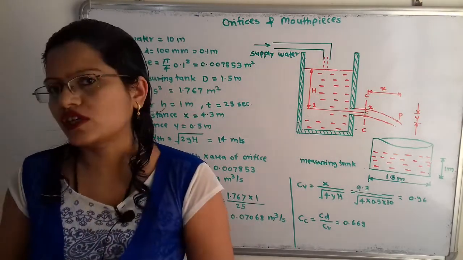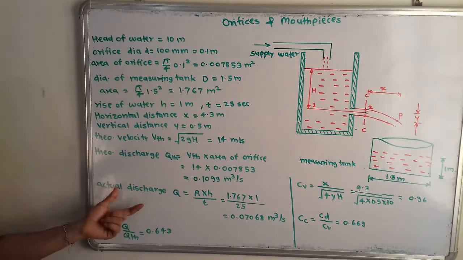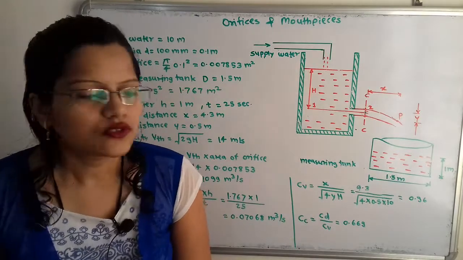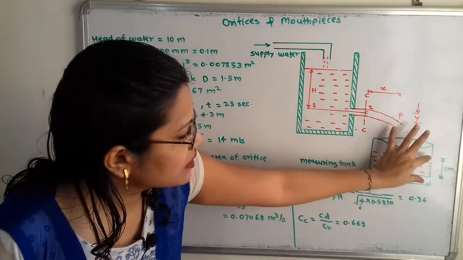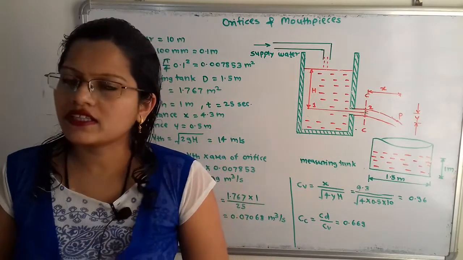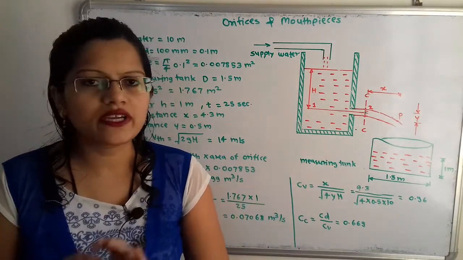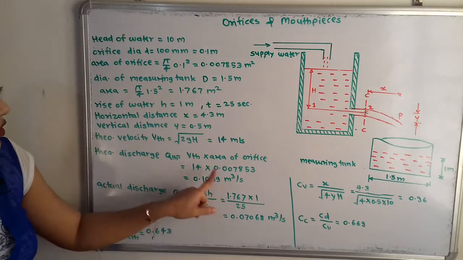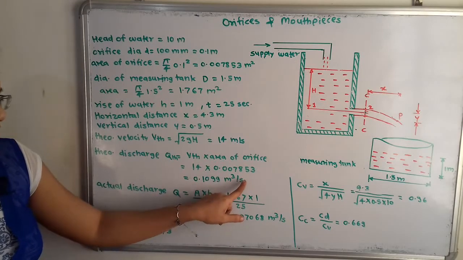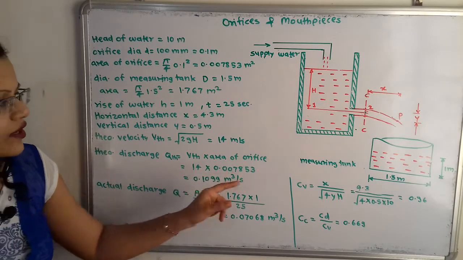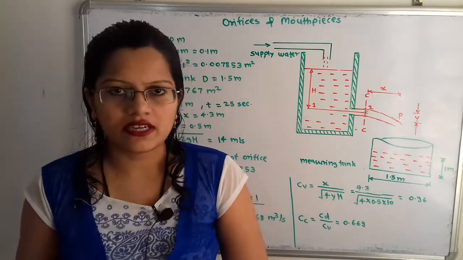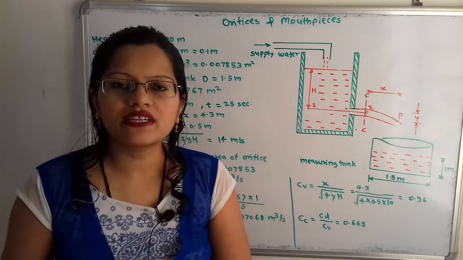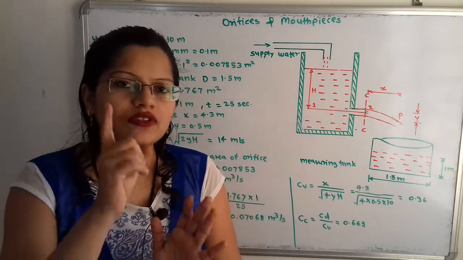Now what is the actual discharge? Here water is getting discharged into this measuring tank, so we have to find out the amount of water collected in the measuring tank in a particular time. The unit of discharge is meter cube per second, that is, the amount of water collected in 1 second. In 25 seconds the rise is 1 meter, so we have to divide by time to get the value per second.